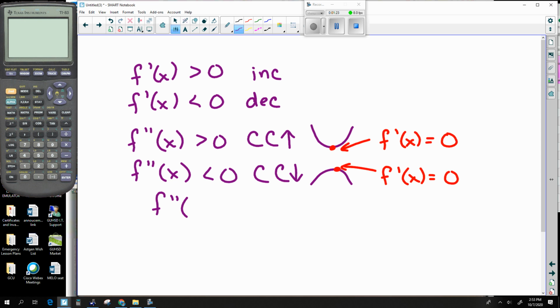If you see a second derivative equal to 0, most of the time that implies the switch between concave down and concave up. A lot of times, again, not all the time, that implies a point of inflection. So these are some things that you want to keep in mind as you go through these things.